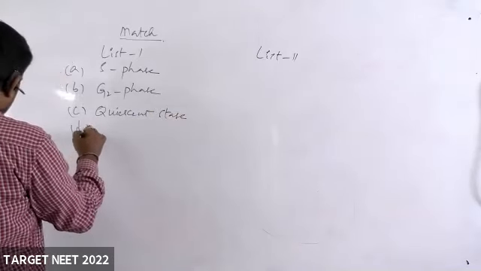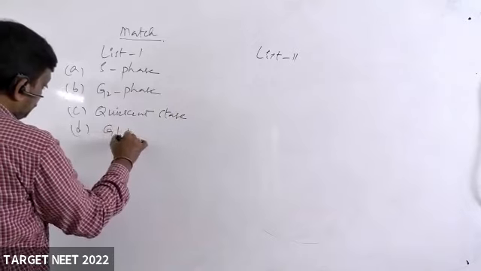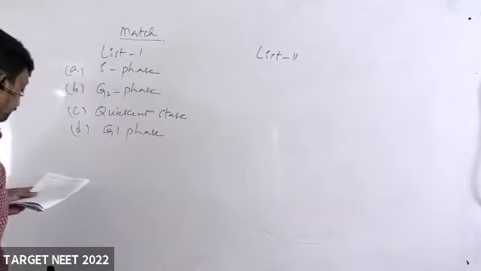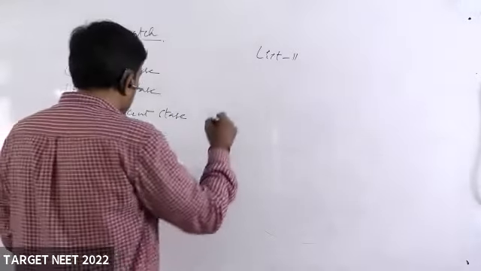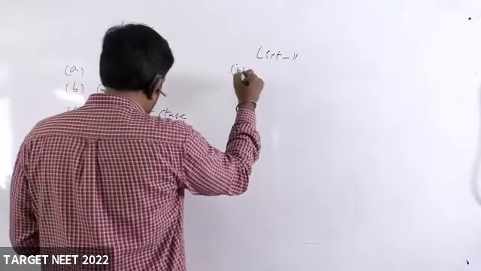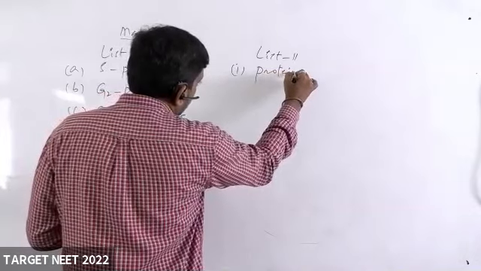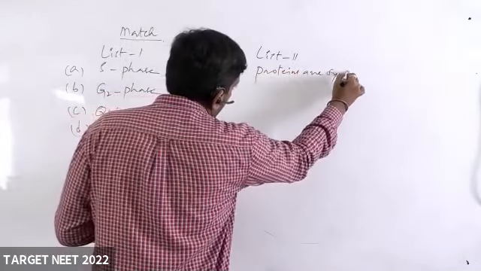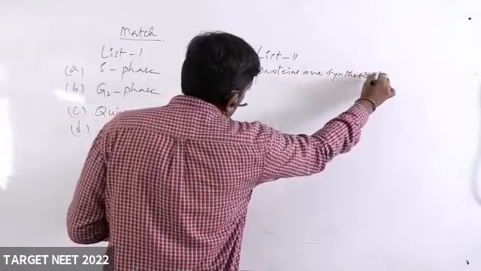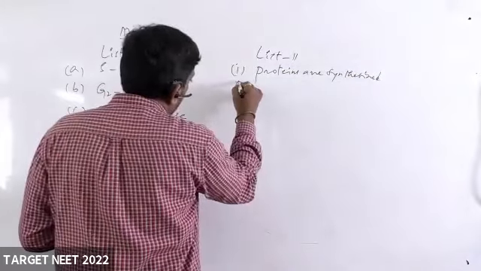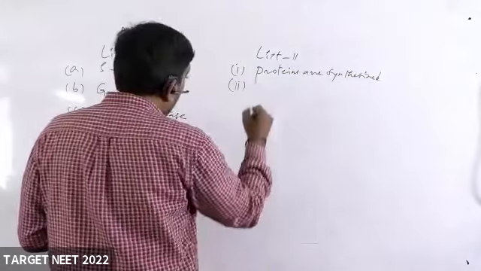D, G1 phase. Right. So here in List 2, Roman numeral 1: proteins are synthesized. Second one: inactive phase.